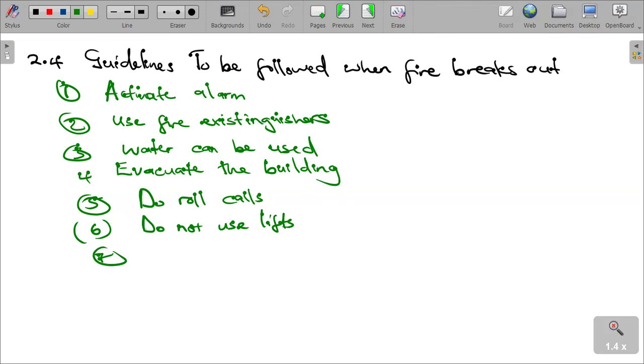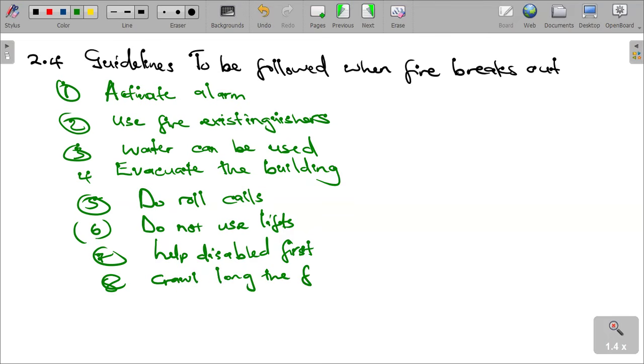And also, you're supposed to help disabled people first, and then lastly, crawl along the floor.